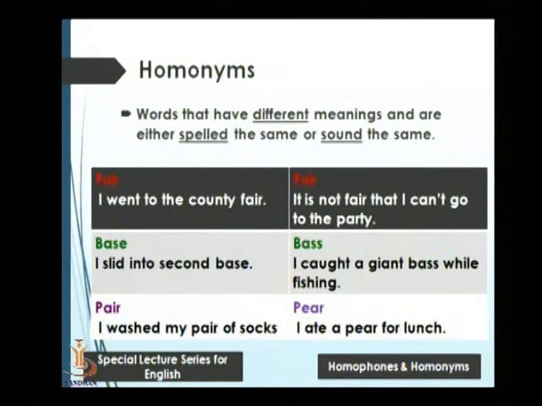Every time we take up the words, we'll try to see three aspects: the spelling, the pronunciation and the meaning, S, P and M. So homonyms fall in the category of words having the same spelling, same pronunciation but different meaning.